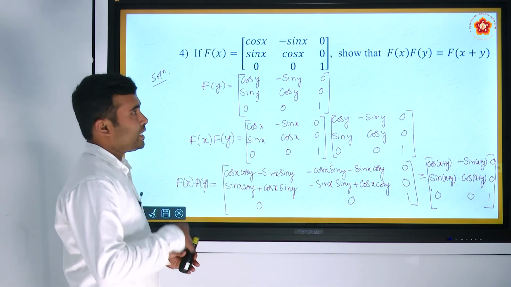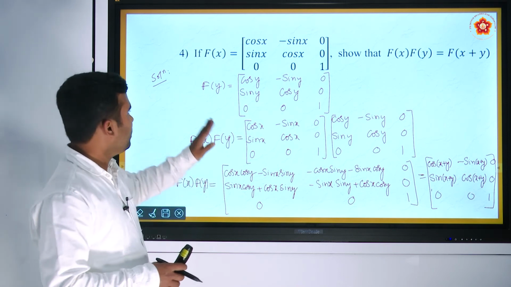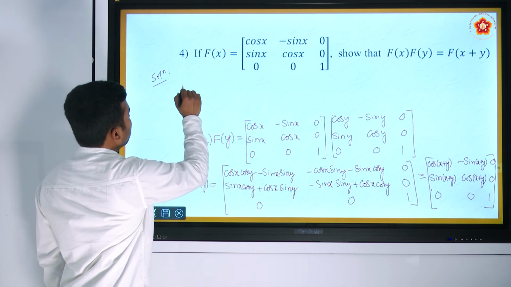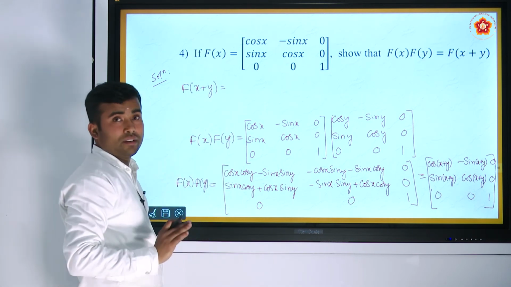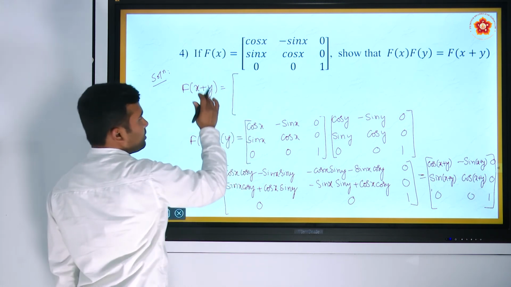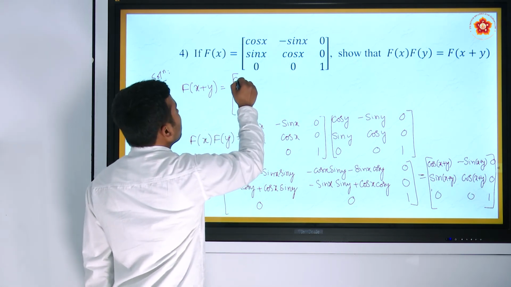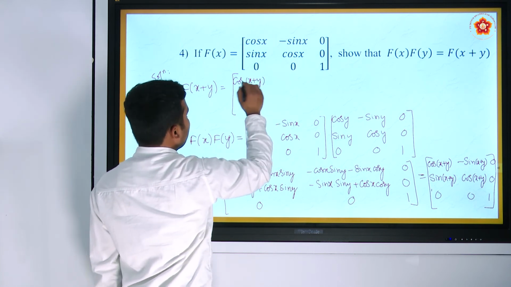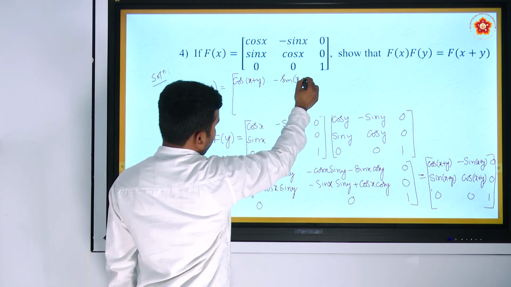Okay. So let us find RHS. This is LHS, f of x into f of y. Let us find what is RHS. So here f of x is what we know, which is given. Let us replace x with x plus y on LHS. Same thing you do on RHS also. This is RHS: cos of x plus y, as I am replacing x with x plus y on both sides, and this becomes sin of x plus y.